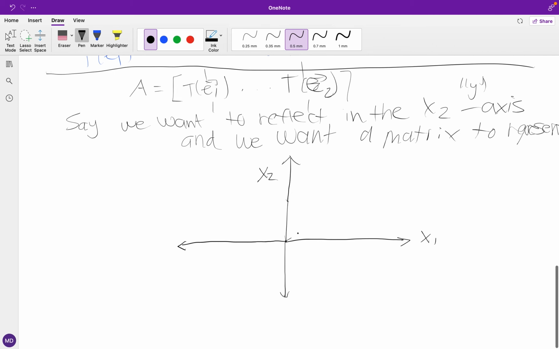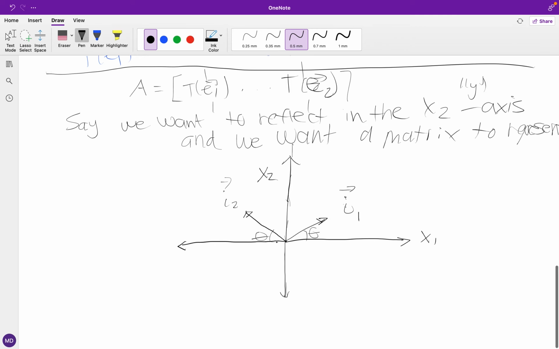So we have some input vector here. Let's call it I1 for input. We know that it should end up reflected in the y-axis. So this is basically what we're doing. We're reflecting in the y-axis.